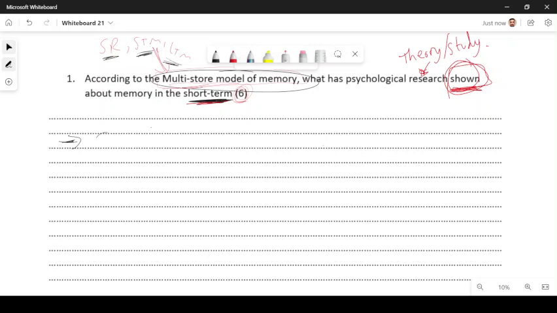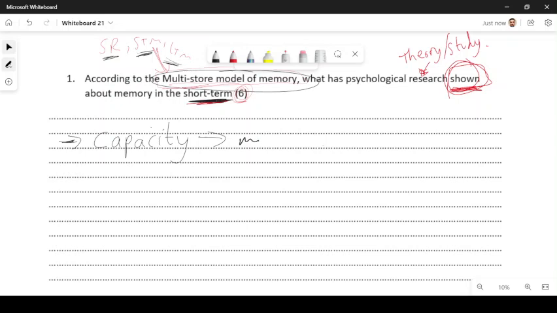Okay, so I'm going to start with capacity just because it's what I would do in the exam. I don't know why this pen isn't thicker. That's a bit better. So yeah, I'm thinking back to what is the capacity of the short term. Now hopefully you've put in there, and what I would do is use the wording of the question.